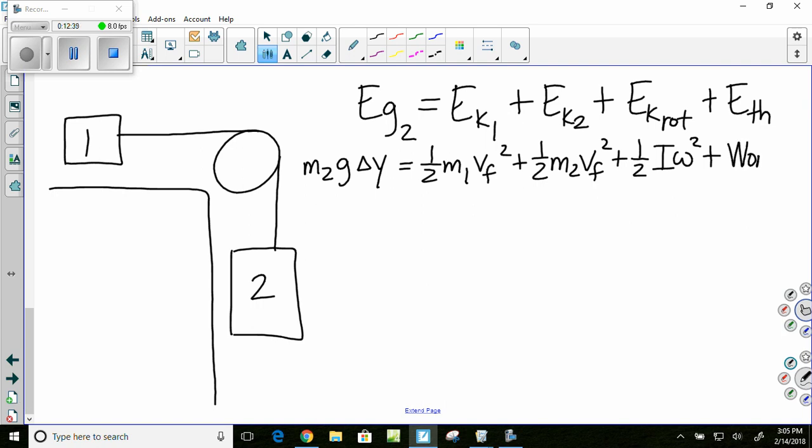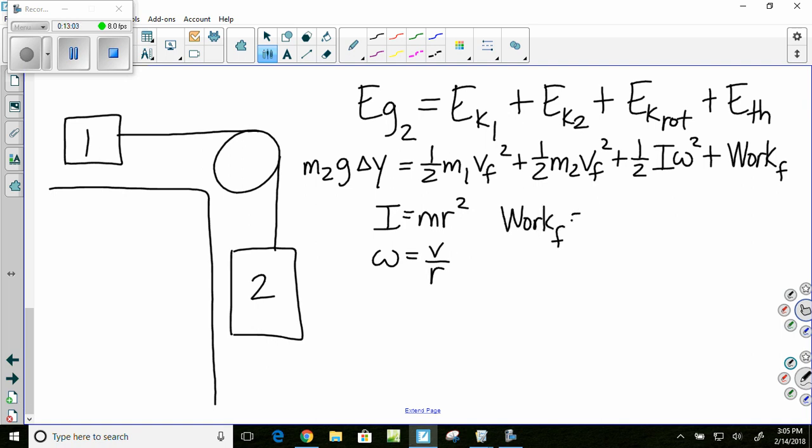Okay, so to substitute in, we're going to make sure we understand that I is equal to mr squared for this because it's the hollow hoop. And instead of omega, we're going to use V over R. And then for the work done by friction, that's the frictional force times the change in position that the object moves.